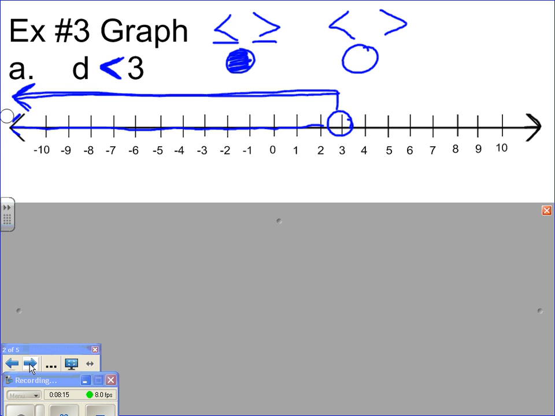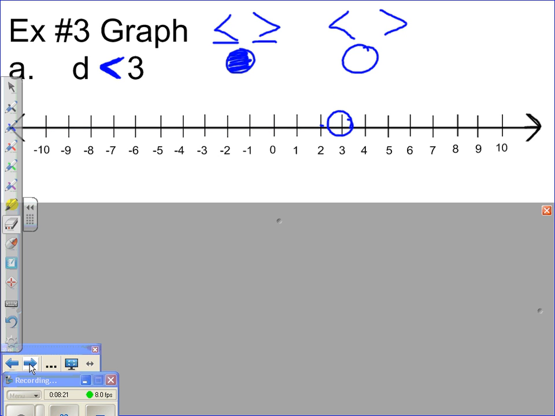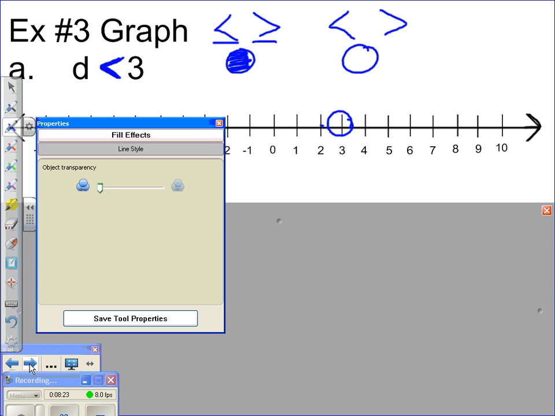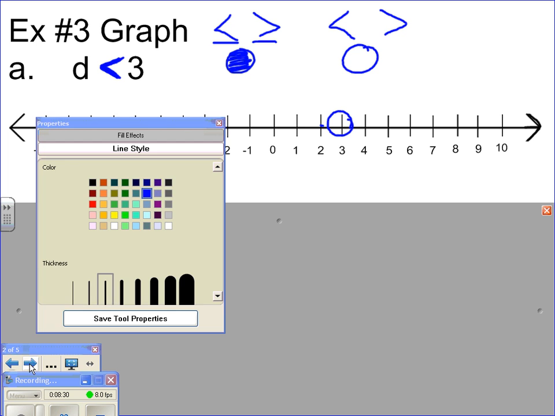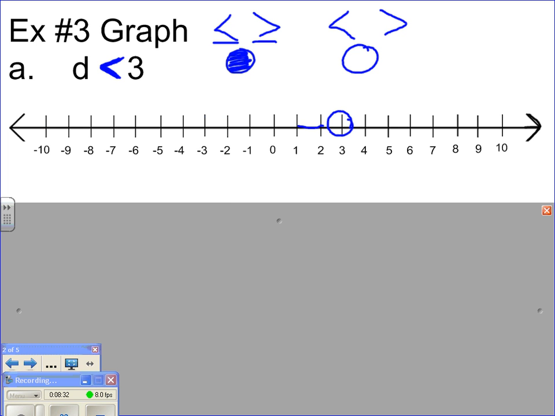So let me erase this. When you shade, shade so you can actually see it. Oops.